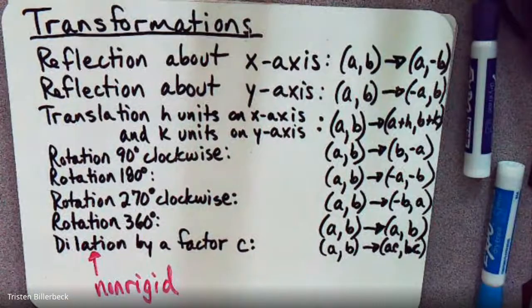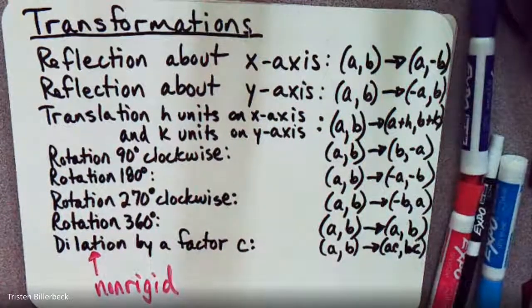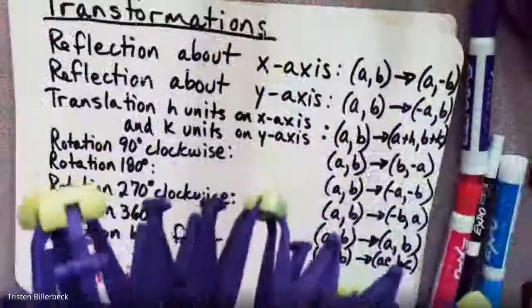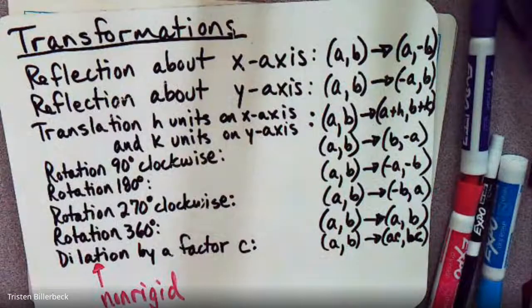Dilation is, if you want to see a dilation, that's where this comes in handy. Let's see if I can do it with this little thing. See, that's a dilation where it gets bigger and smaller. Yeah, you can't really see it, but it's a sphere. Okay, too bad.